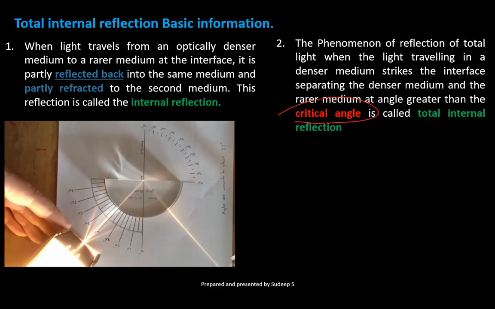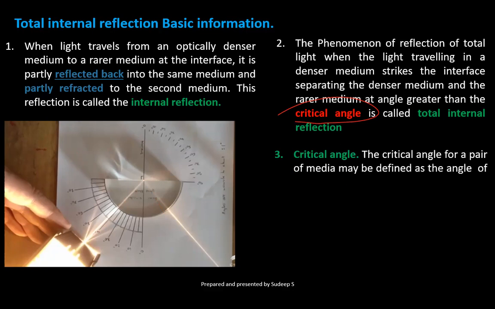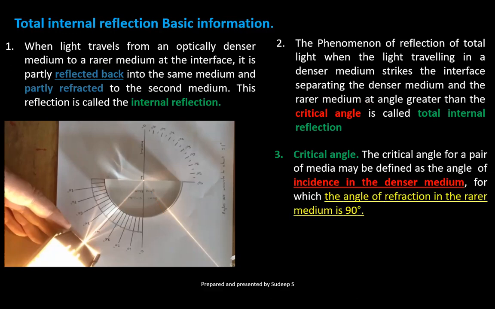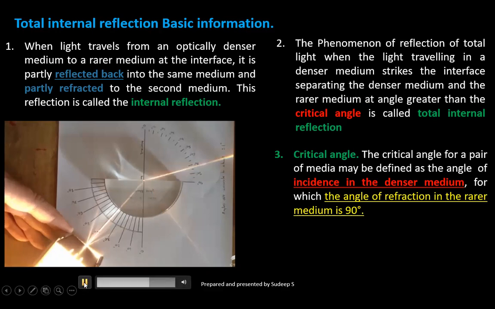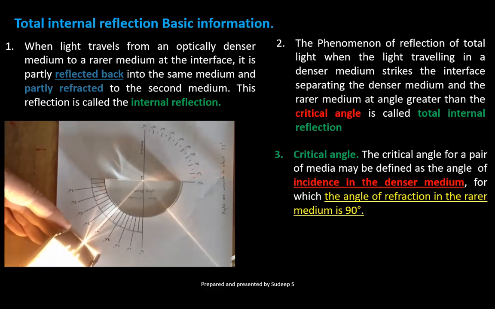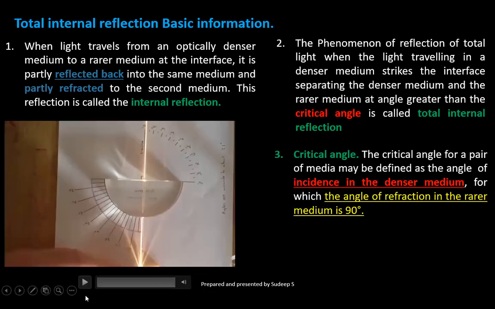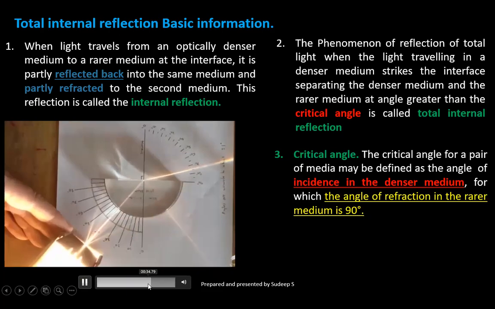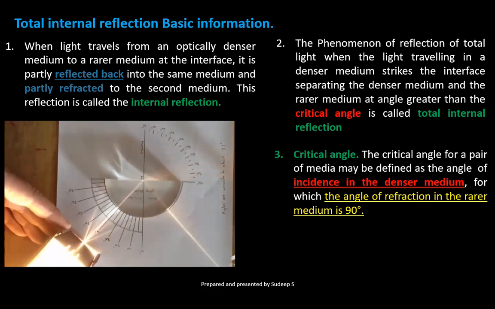The critical angle for a pair of media may be defined as the angle of incidence in the denser medium for which the angle of refraction in the rarer medium is 90 degrees. यानी कि जब angle of refraction exactly 90 degree हो गया, so that will be considered as the critical angle.